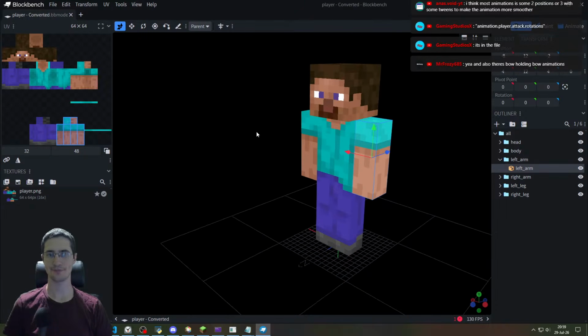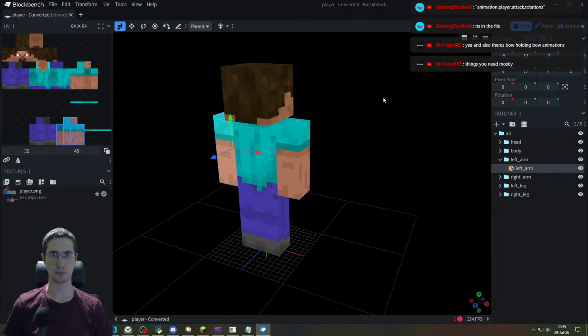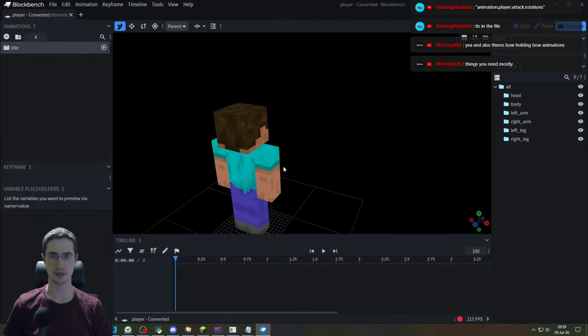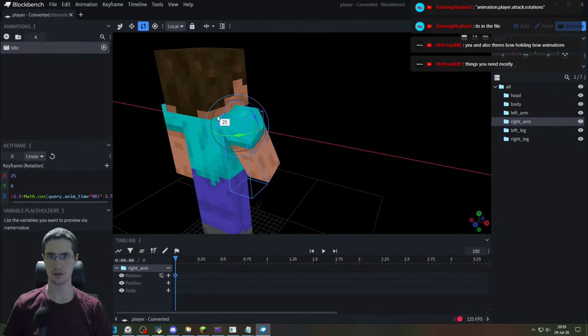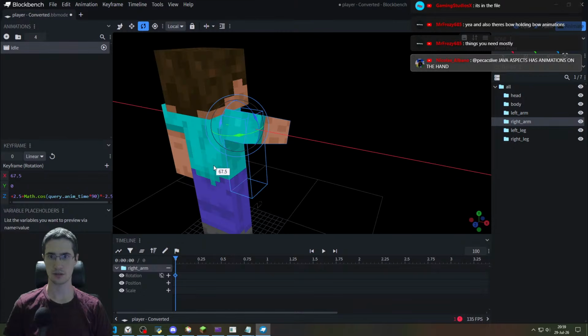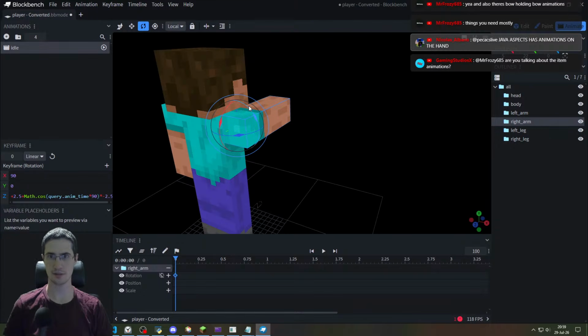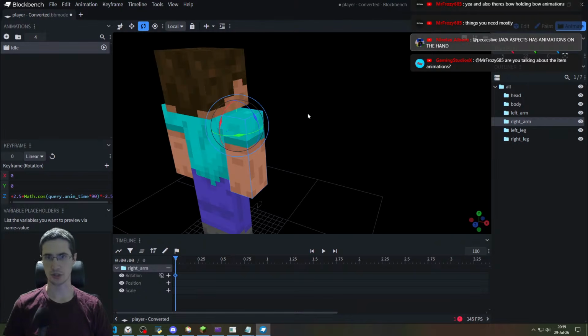But the difficult part is here, animate, here. And let's say the arm is like this. Let's say it's like this. I don't know, chat.